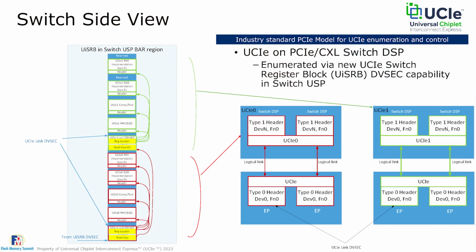Again, my apologies. You can't see it very well, but all of these are available in the spec. So we talked about what the host side is, right? The host side is going to have an MMIO bar, which we can access through regular memory loads and stores. For the downstream ports, there's going to be PCI config based accesses.